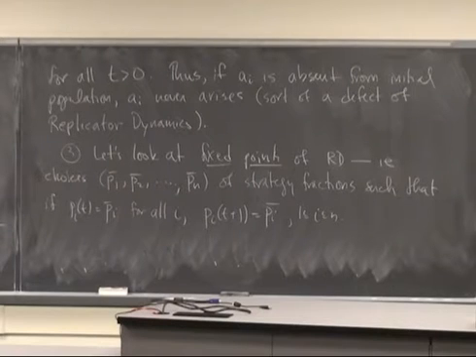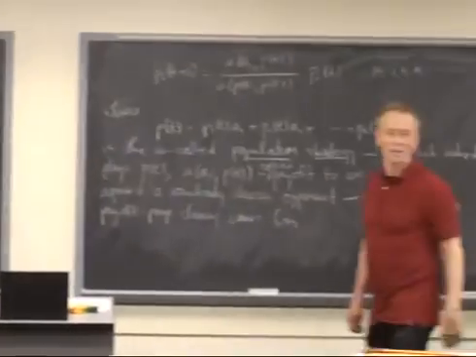What are some trivial fixed points of the replicator dynamics under all circumstances? What kind of population distribution of actions obviously stays true? Exactly, and I'm sure that's what you guys were going to say as well.